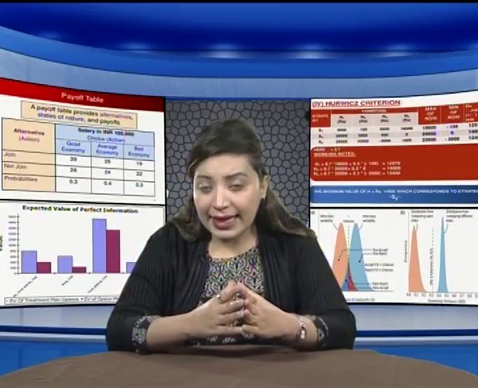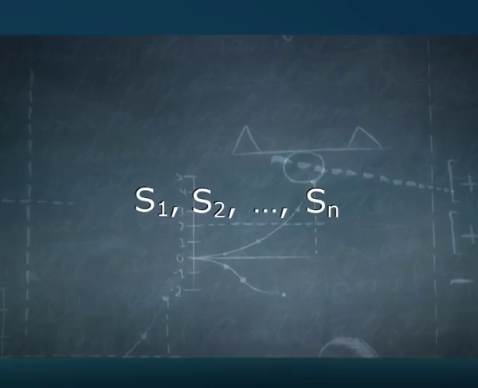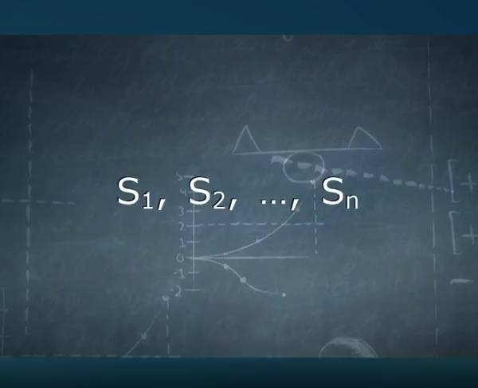We refer to these factors as states of nature or events. It is assumed that the decision maker is aware of the whole list of events S1, S2, and so on, Sn, and exactly one of these is bound to happen. In other words, the n events S1, S2, and so on, Sn are assumed to be mutually exclusive and collectively exhaustive.